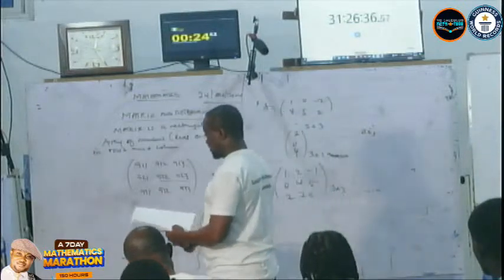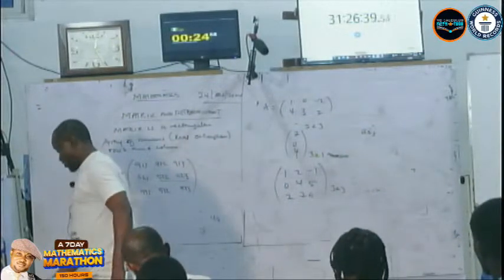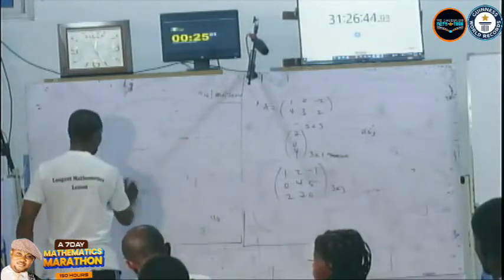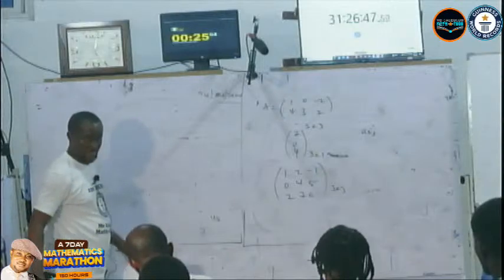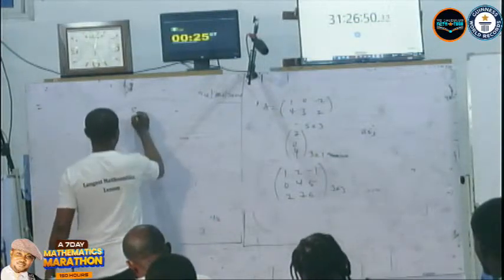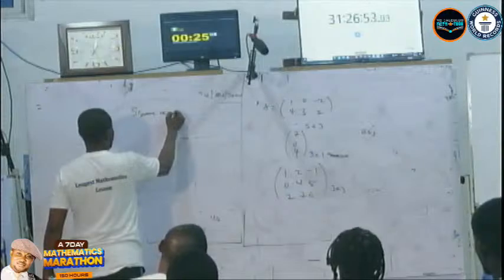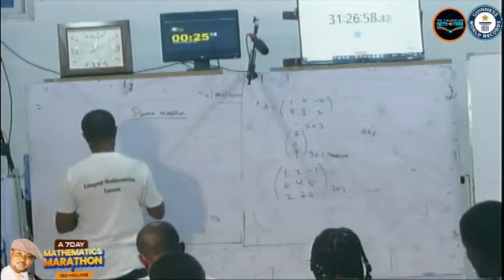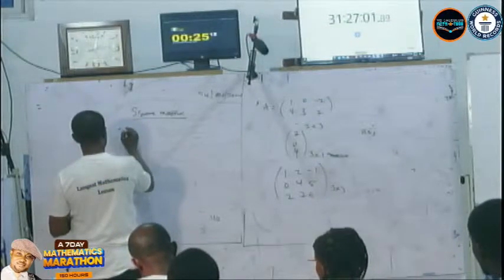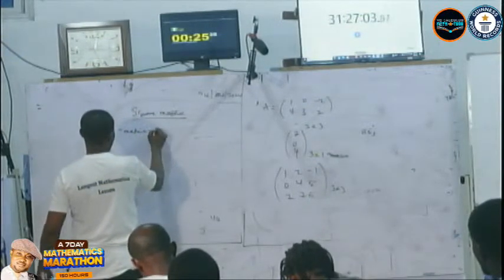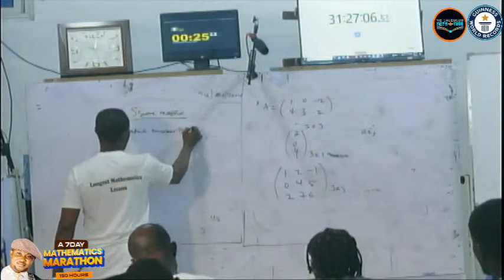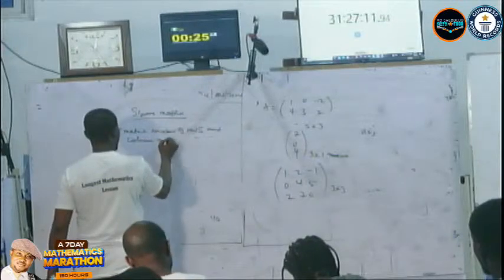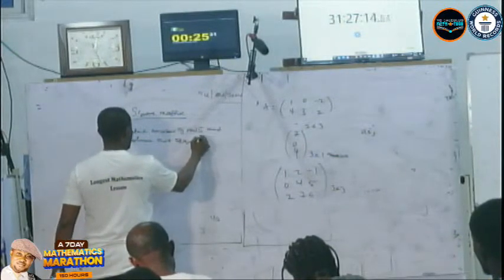If you have a matrix that the number of rows and the number of columns are equal, we call it a square matrix.